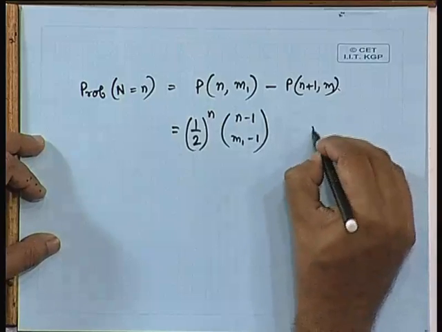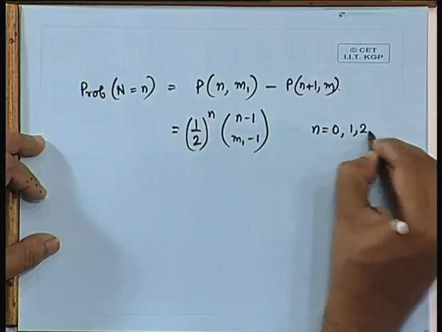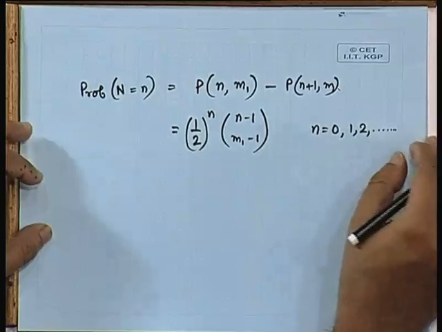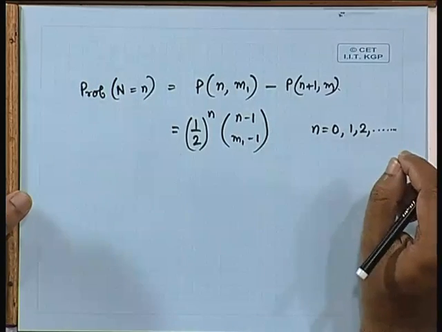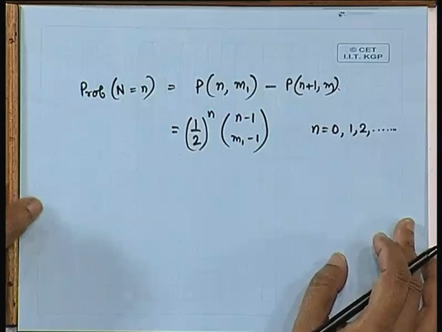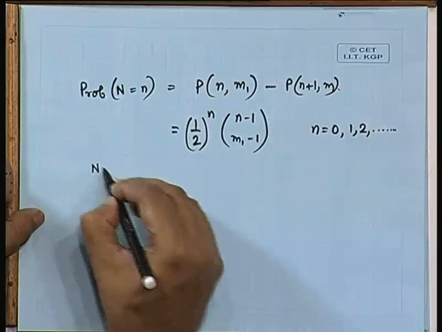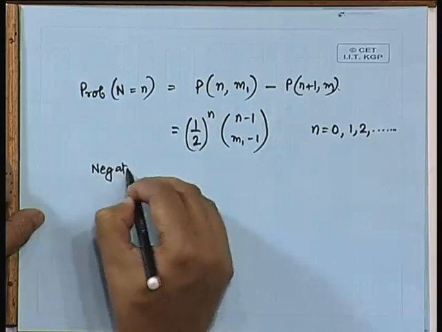This is defined for n equal to 0, 1, 2, etc. So, this is the probability that we are getting, and this expression has a negative binomial distribution.